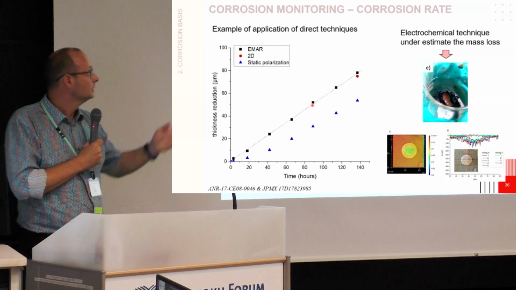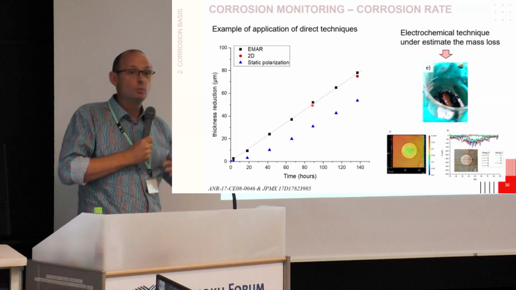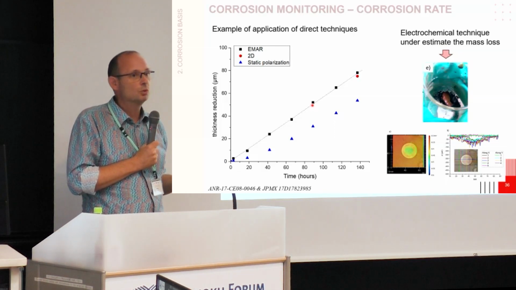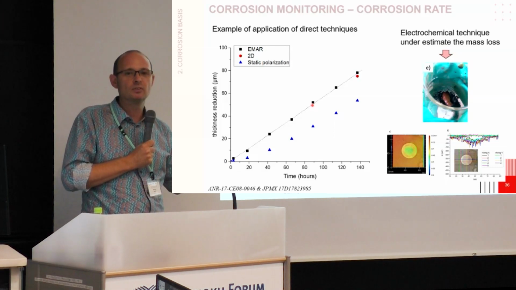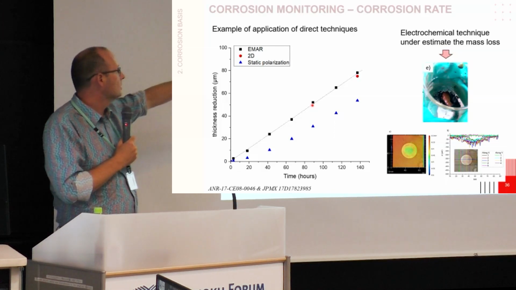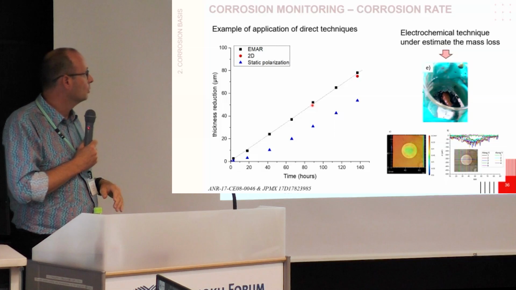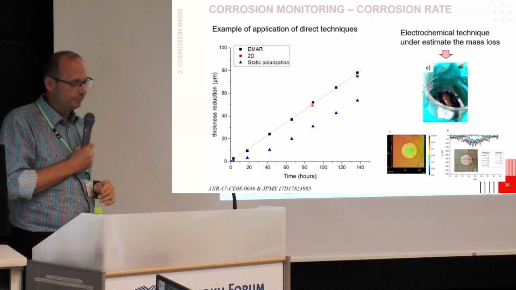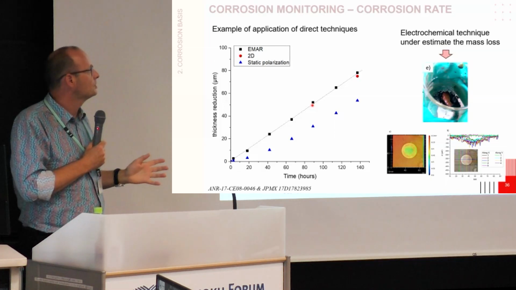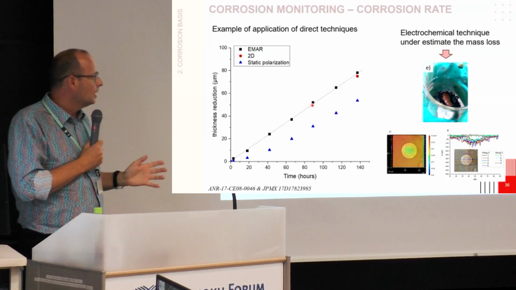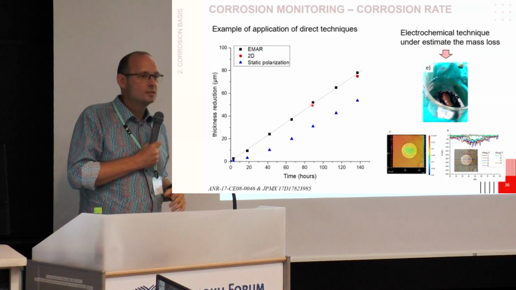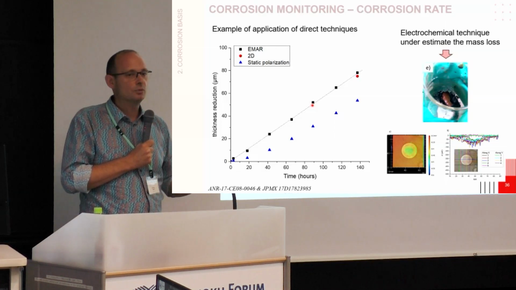Who is right? At the end, we just observe what happened and make a weight measurement. Weight measurement always gives the truth. You can see that the electrochemical measurements are quite far from the two other techniques. There is a reason for that. Electrochemical measurements count electrons.